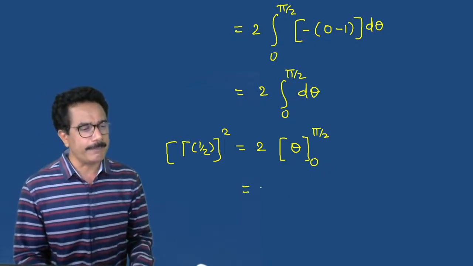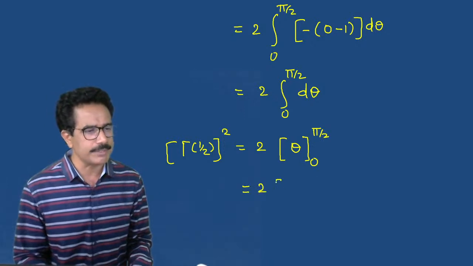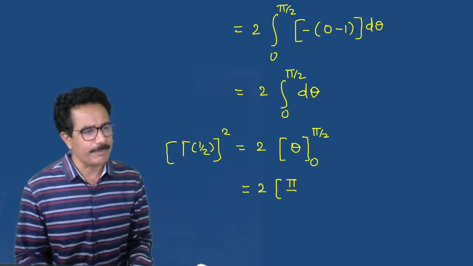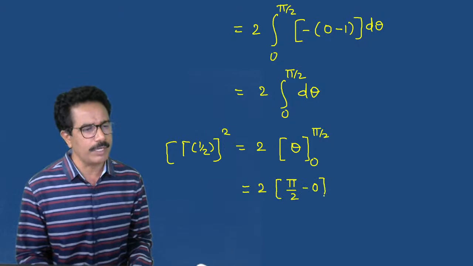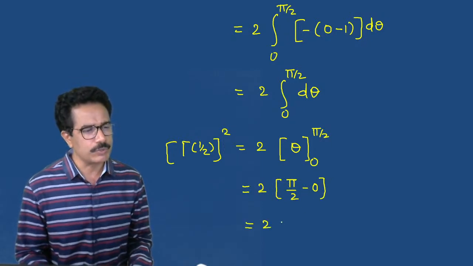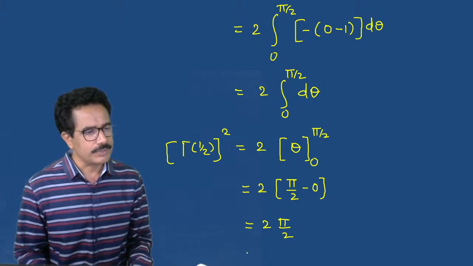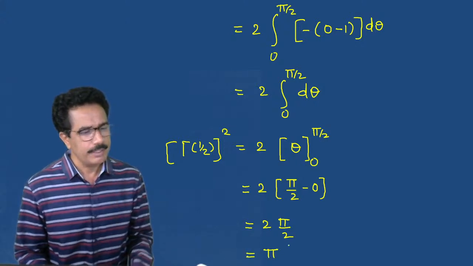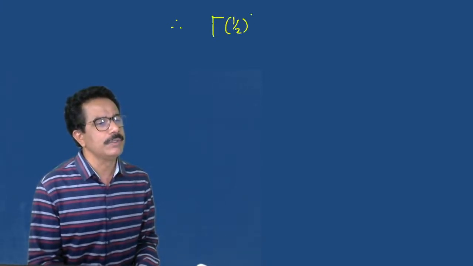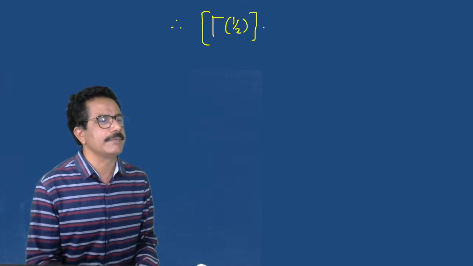Okay, now put the upper limit and lower limit. 2 times of upper limit is pi by 2 minus lower limit is 0, means 2 times of pi by 2, that will be pi. What is the result? So we conclude that gamma of 1 by 2 bracket square is equal to pi.